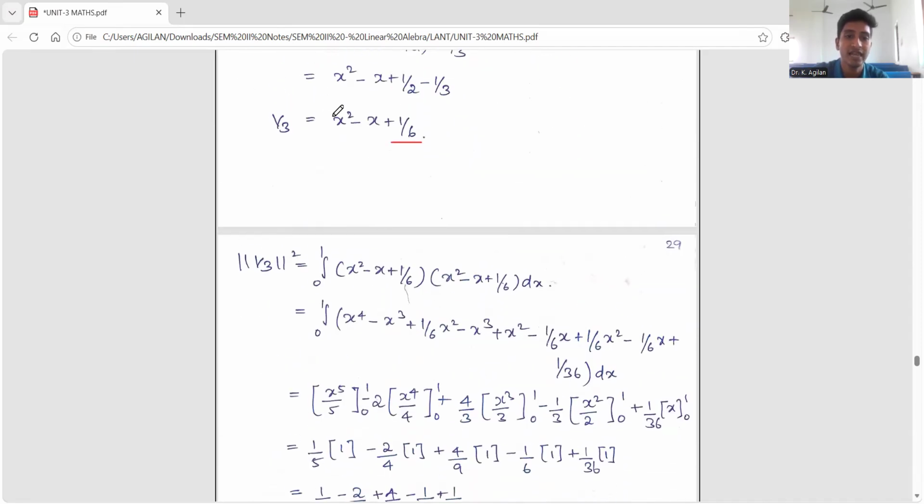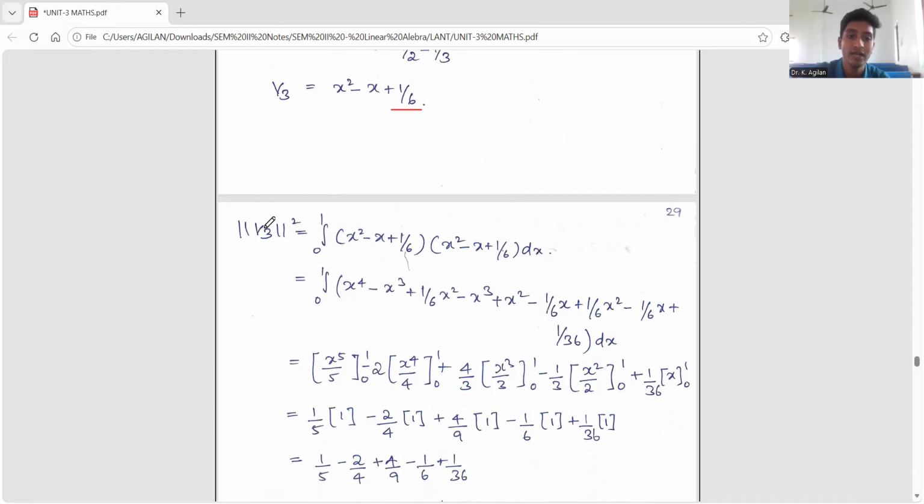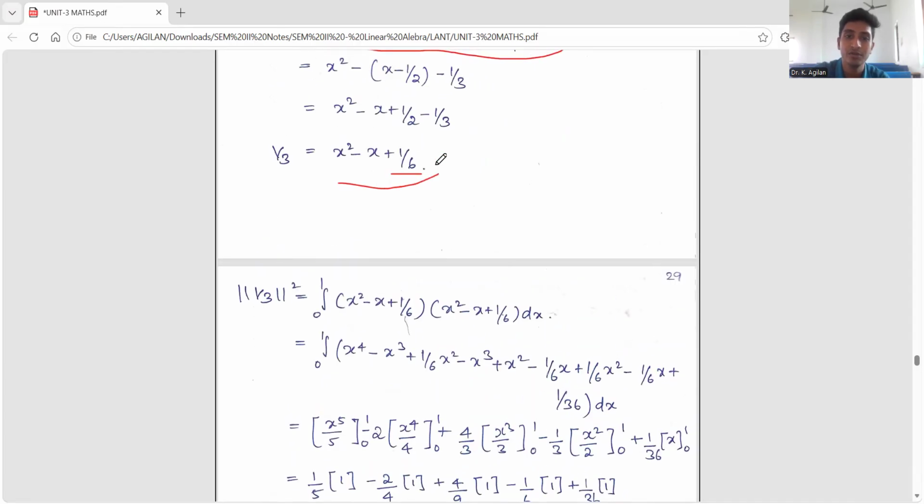From this, we can find the norm of v3 squared, right? What is v3? This term appears twice, because the norm of v3 squared is the inner product of v3 comma v3.